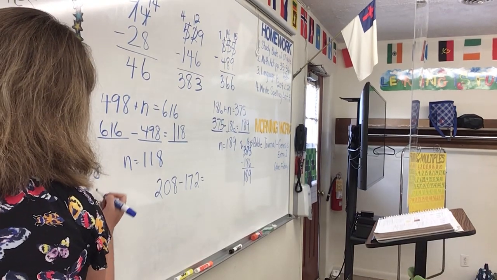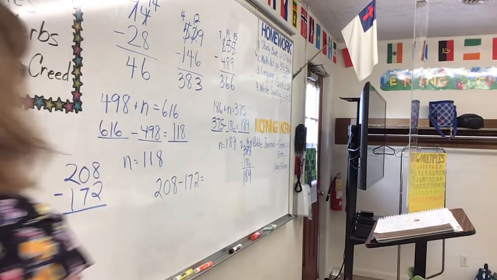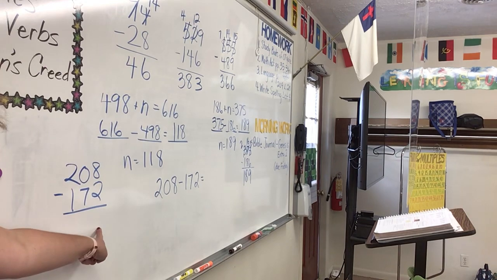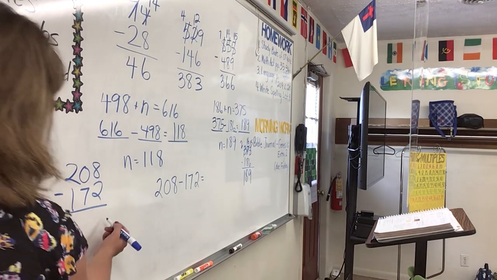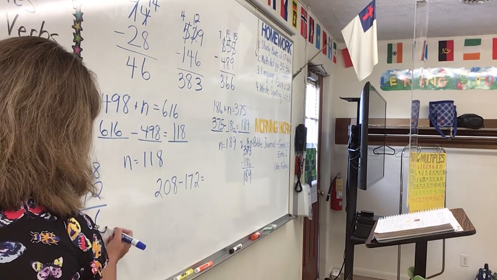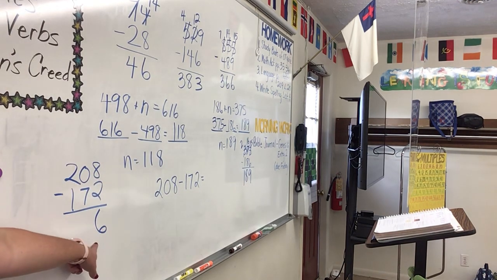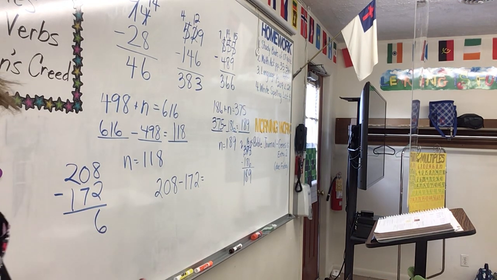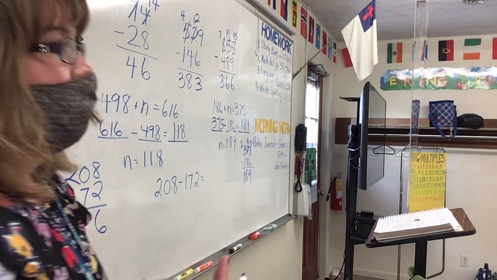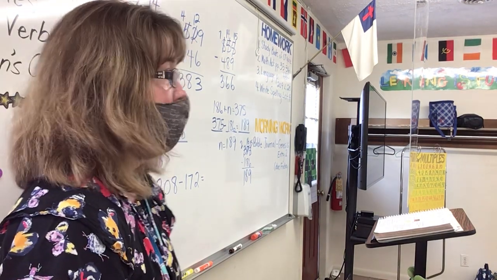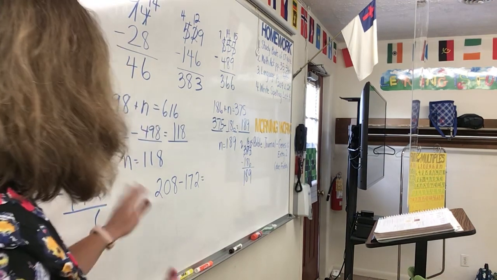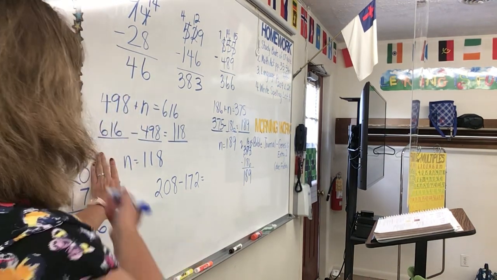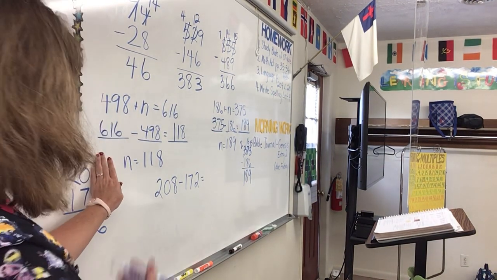208 minus 172. So we can go ahead and subtract our ones place. That is 6. 8 minus 2 is 6. Here we need to borrow. Now, you know what you could just do? This is what I would do. If I was looking at 20 minus 17, I would just know that was 3.